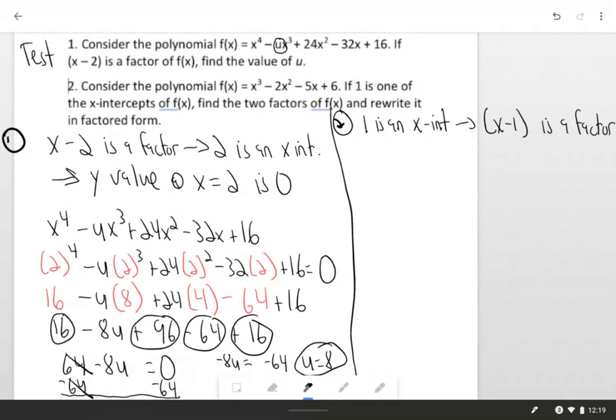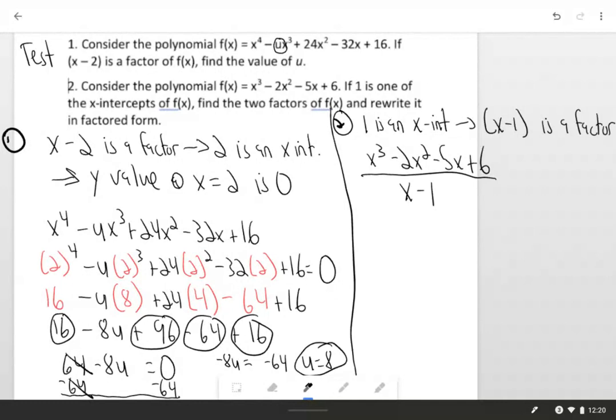Now I need to find the second factor. To find it, I'm going to do exactly what I did yesterday. I know that the polynomial is x cubed minus 2x squared minus 5x plus 6, and that x minus 1 is a factor. So to find the other factor, I'm going to simply divide.